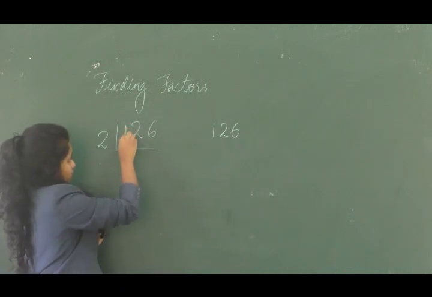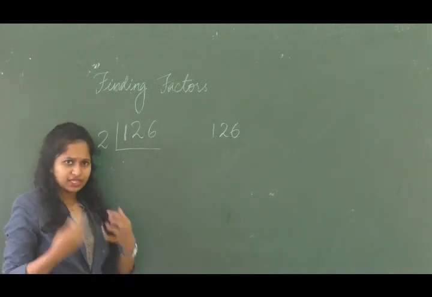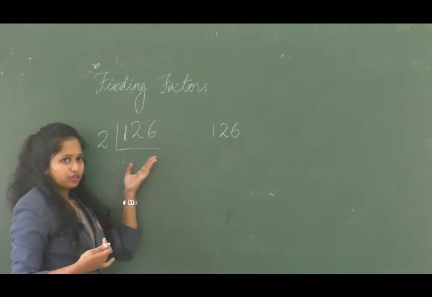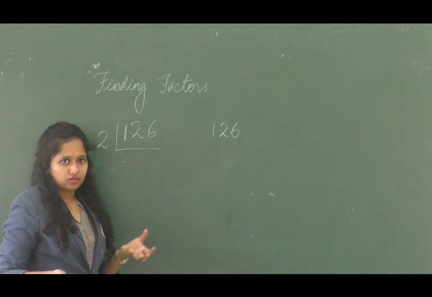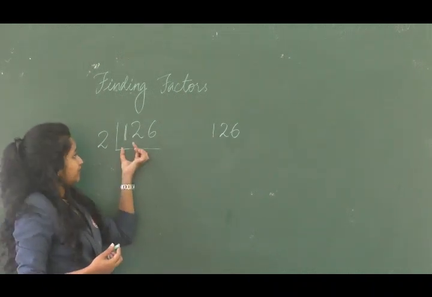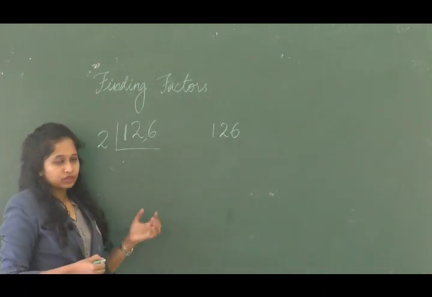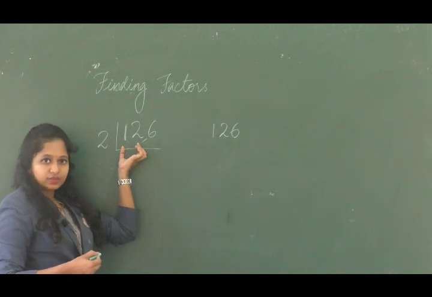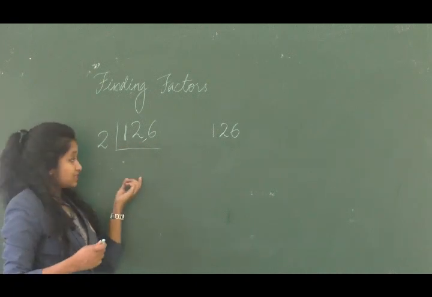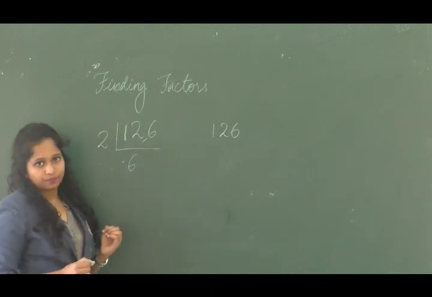Draw like this. As you do division, the same way you are doing it in a different manner, that's all. 1 is smaller than 2, so take the next number 12. How many times is 12 divisible? 6 2s are 12.